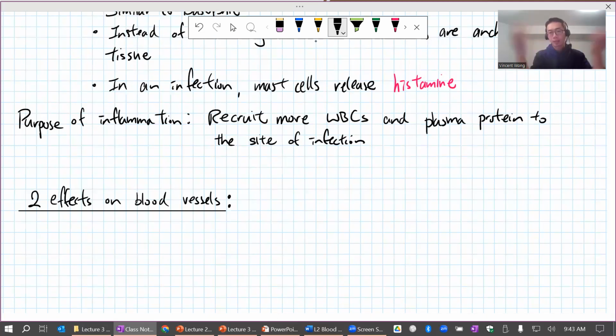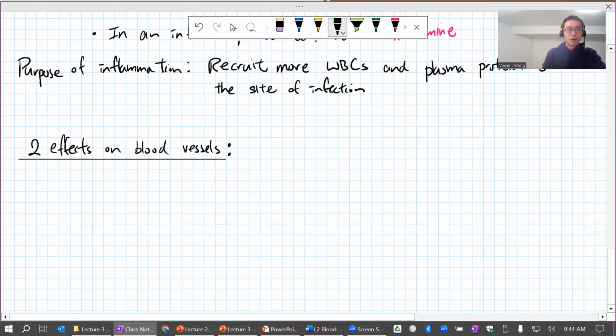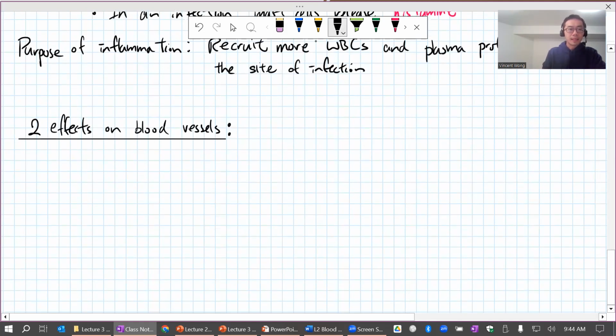So like, cutting your finger, that's going to trigger inflammation, right? Okay, but you can also have inflammation without any apparent cut. You can just have pathogens that have entered the body through other means other than a cut, and that could cause inflammation as well. Okay, so the effect of histamine, right?